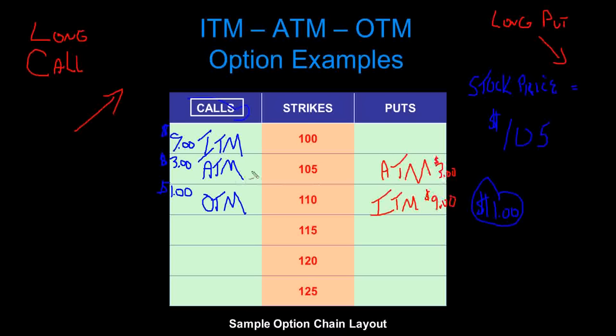Now, even though our interest rates are 0 to 0.25% right now, held down by the FOMC, generally there is an upward bias to the market. That means an at-the-money call is probably going to cost a little bit more than an at-the-money put. So you could probably say the at-the-money put may be $2.90, maybe just a little bit less, but they'll be very, very similar. And then a 100 strike put, which is way out of the money, is probably going to be somewhere around, I don't know, maybe 85 cents or something like that.